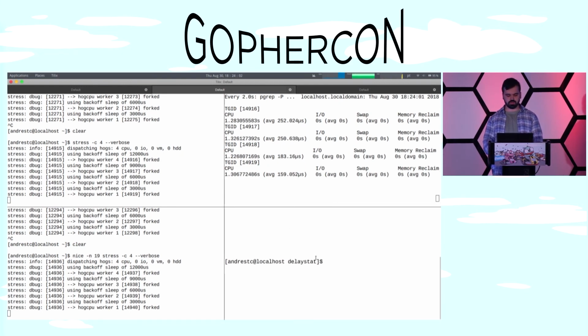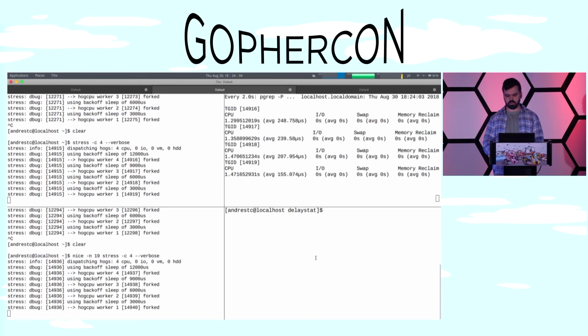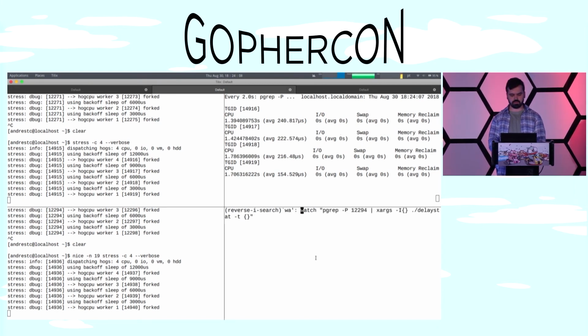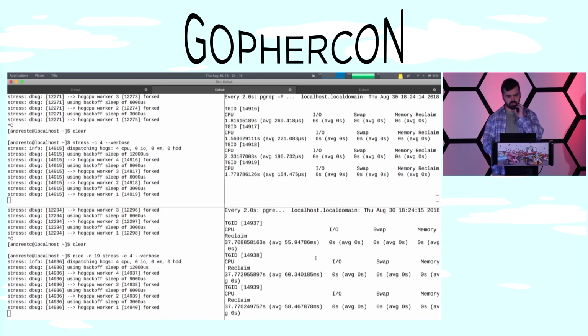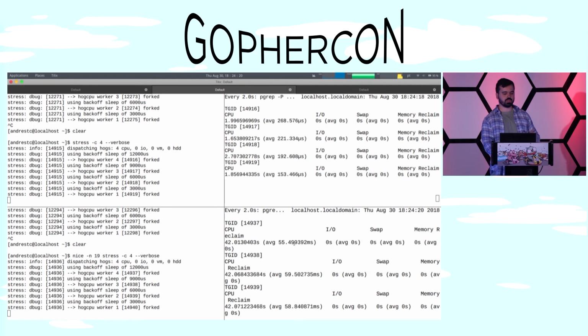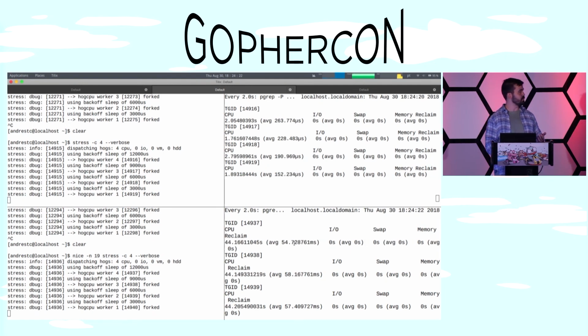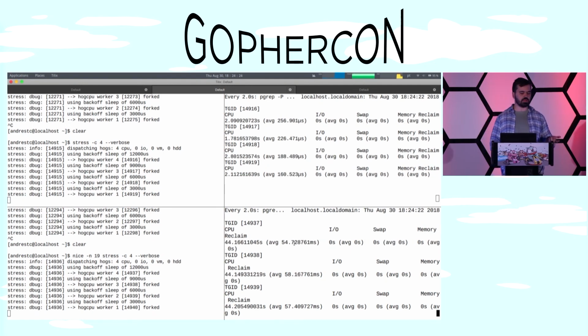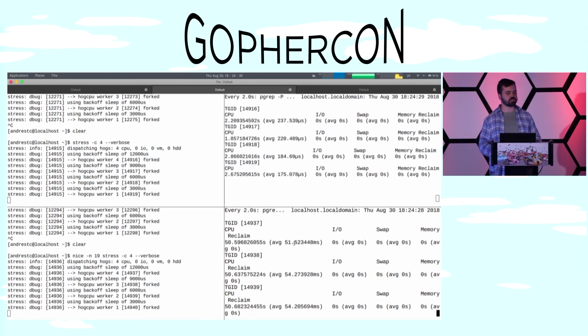And down here, we are going to see the delay encountered by the other one, the one with the lower priority. Here you can see that the delay encountered by this one is in the order of 15 milliseconds, which is much higher than the other one. So we can use this information to fine-tune the priorities of the processes on our system.